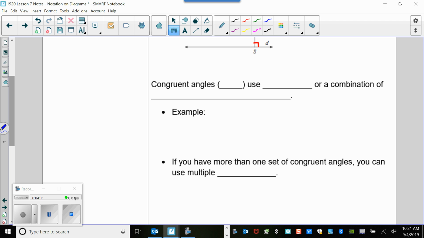Congruent angles, and again, our congruent symbol, use arcs or a combination of arcs and tick marks. So let me draw a couple lines here.